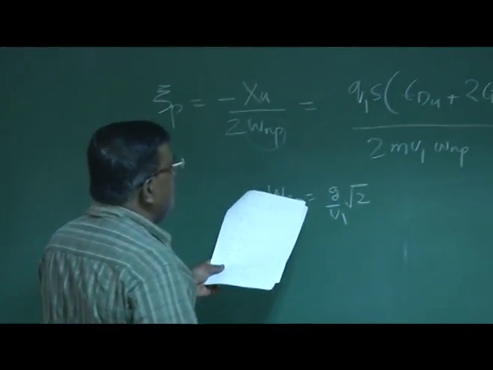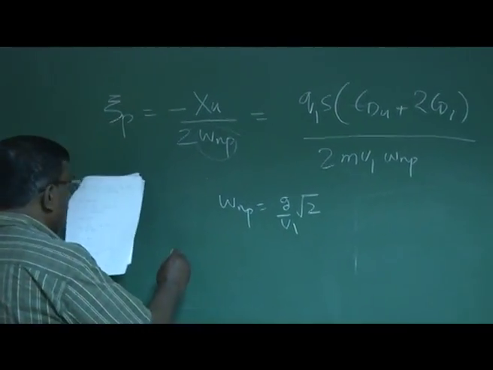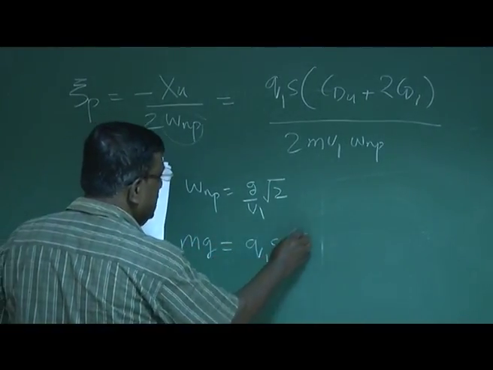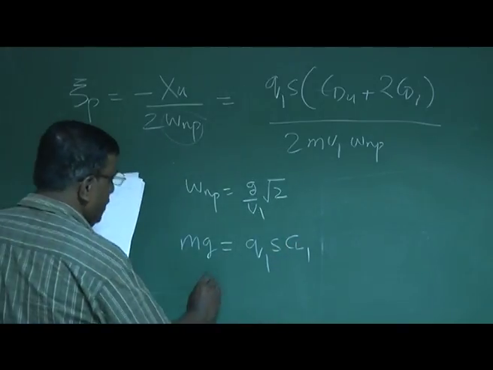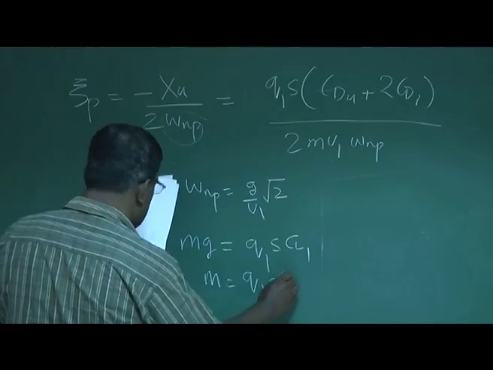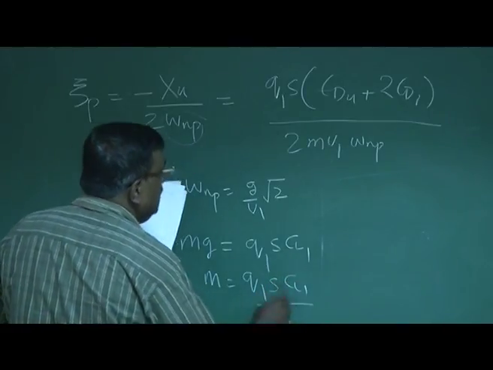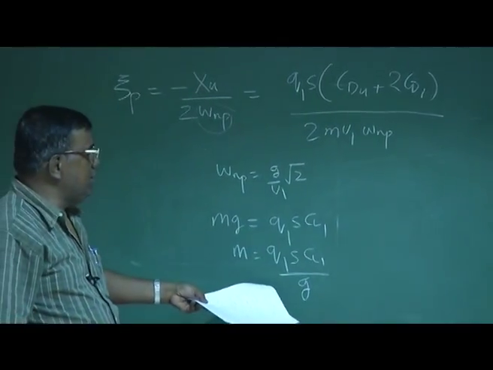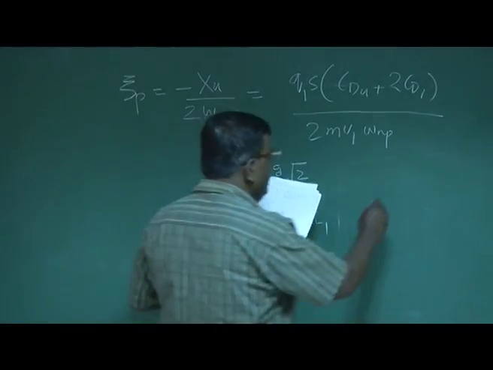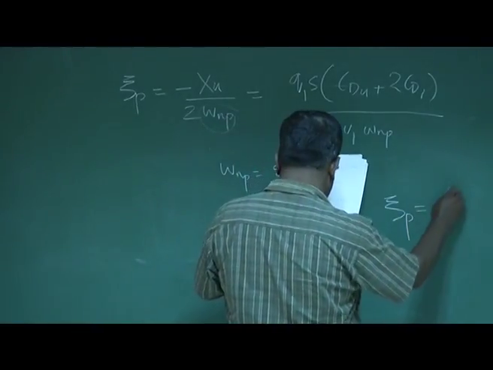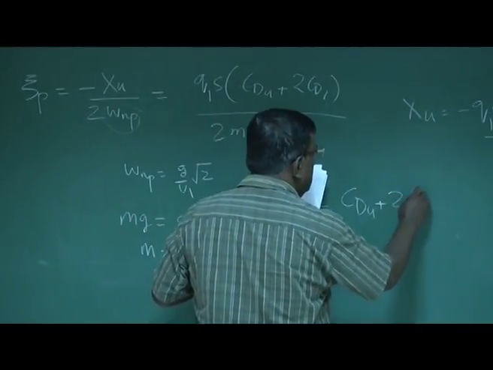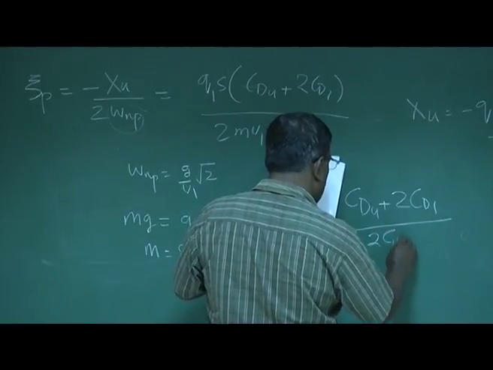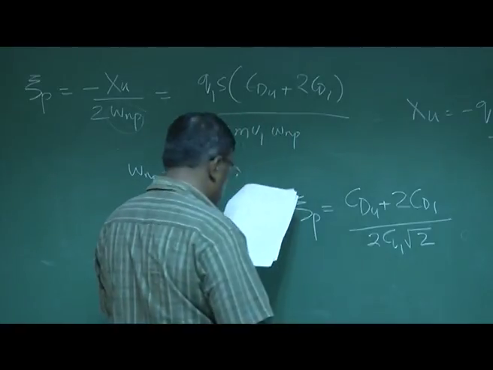So now when omega n Phugoid is this, if I substitute here, and also for m I write m equal to Q1 S CL1 by g, then I get zeta Phugoid, a very important relation, as (CDu plus 2 CD1) by 2 CL1 root 2. Okay?